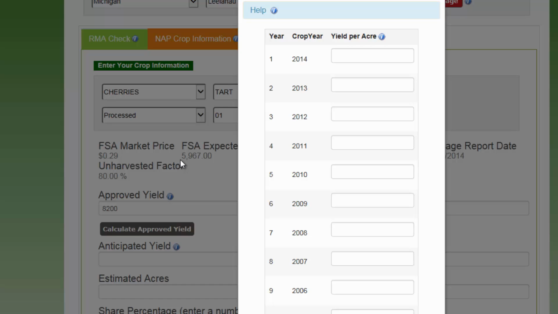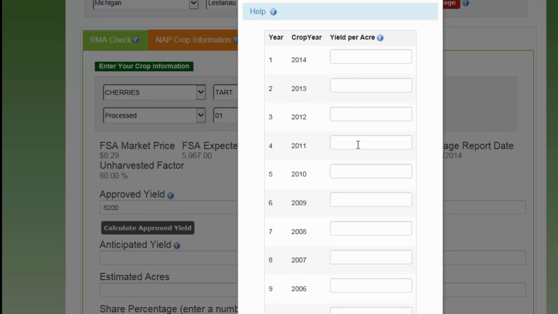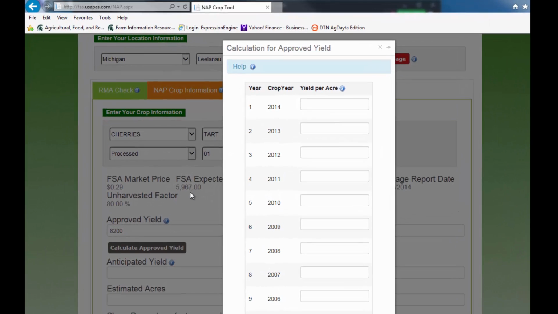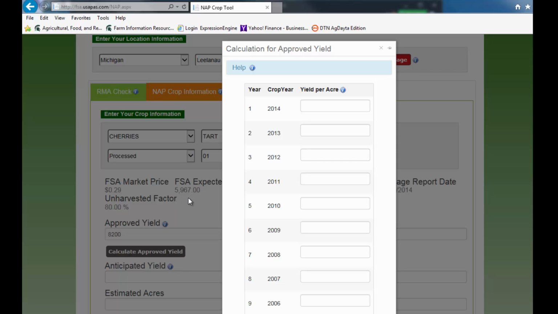If no yields are available, they're going to take this 5967, multiply it times 65%, and that will be your yield for each of the last 4 years. If 1 year is available, you can put in that 1 year, and the other 3 years would be at 80% of this Farm Service Agency expected county yield.